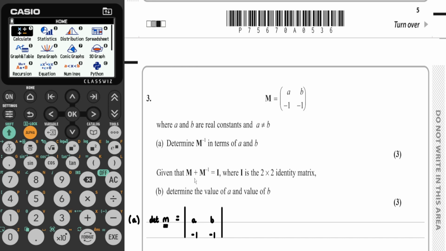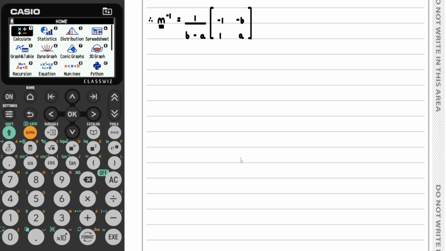Given that the matrix M plus the inverse of M is equal to I, where I is the 2 by 2 identity matrix, part B, determine the value of a and value of b. We have the equation here.